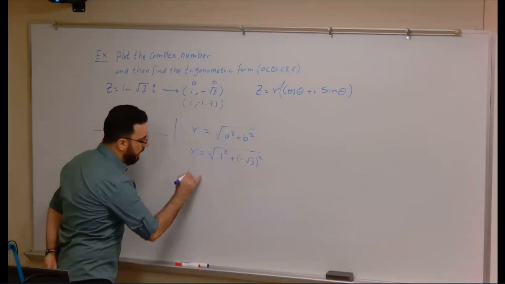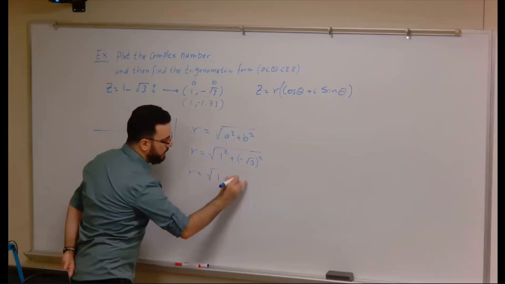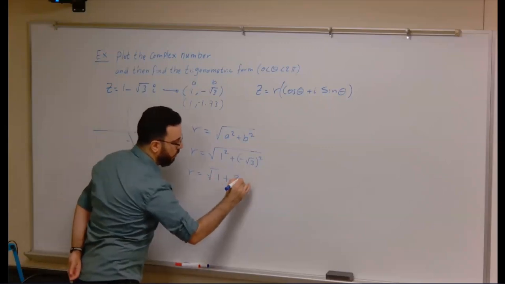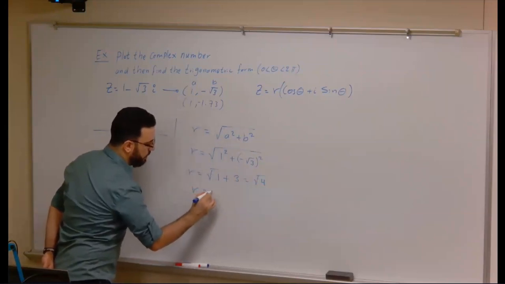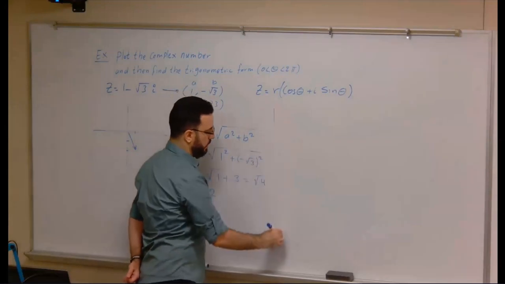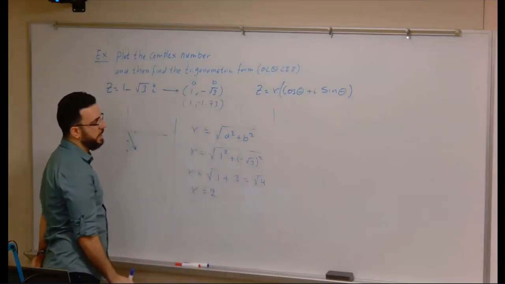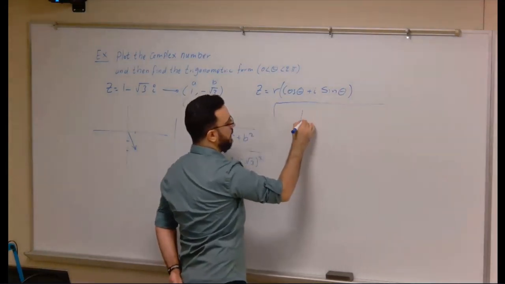That means R is going to be the square root of 1 plus 3, which equals the square root of 4. Next step, I need to find theta.